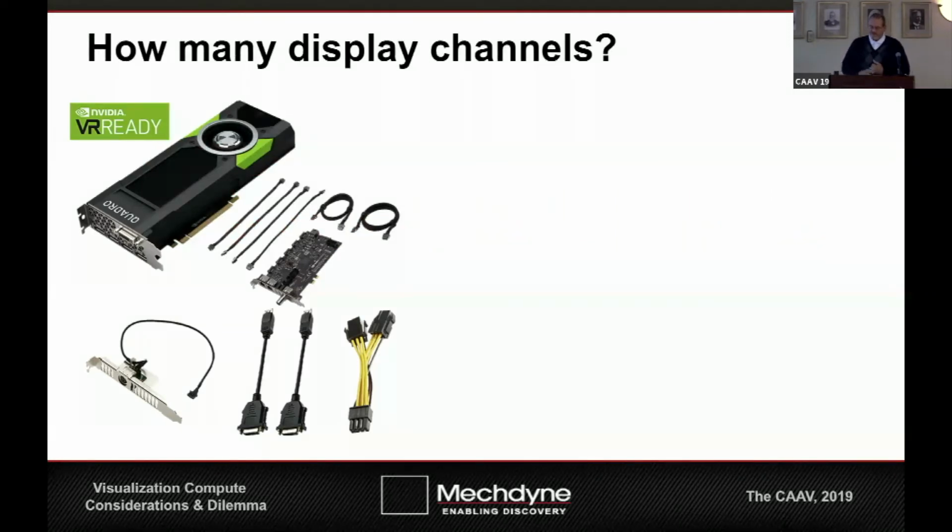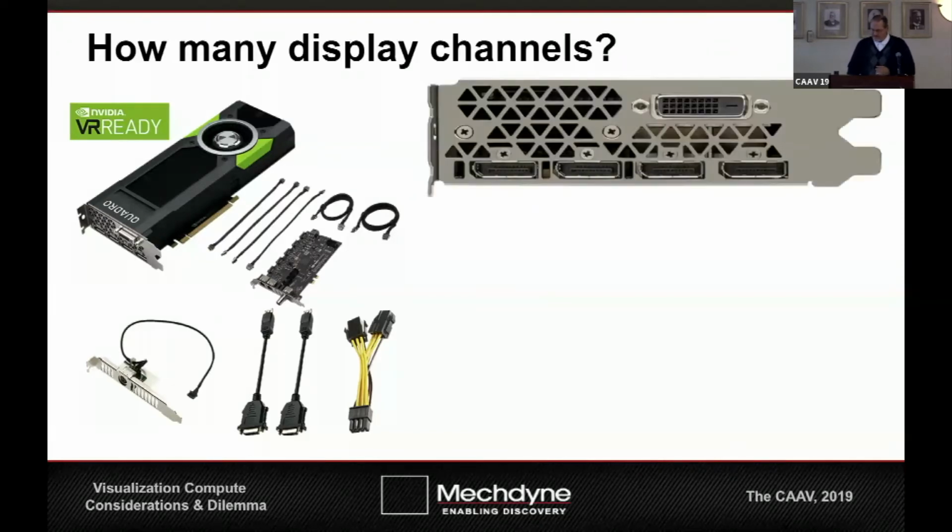We start to look at specifically how many outputs that card supports. So something like an NVIDIA P5000 graphics card will support 4 DisplayPort outputs. Each of those outputs can provide 8K resolution at 60 Hertz. So you could conceivably drive 4 channels of graphics at 4K resolution.